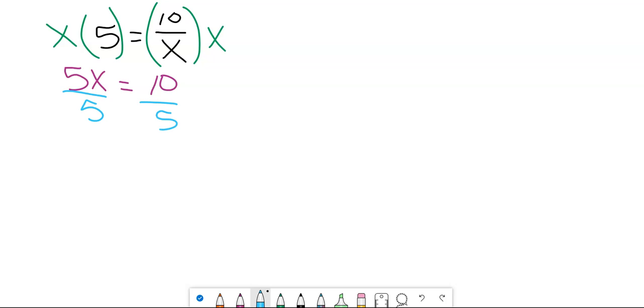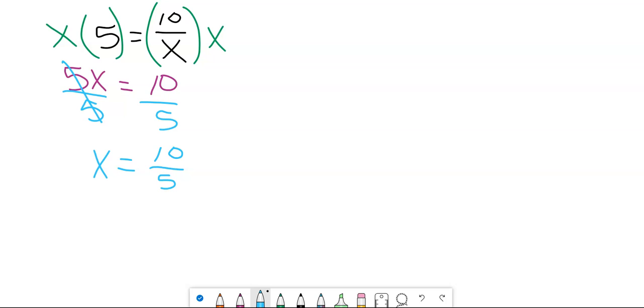And so then 5 divided by 5 is 1. We get x. And then 10 divided by 5. I'm going to leave it as 10 over 5, even though that does equal 2. But it's just to demonstrate the principle.